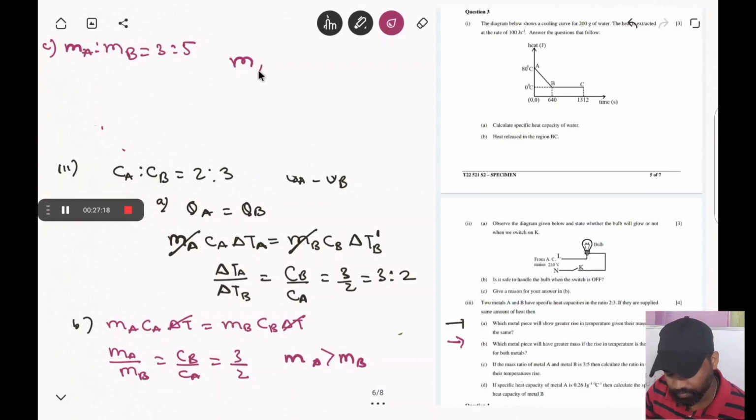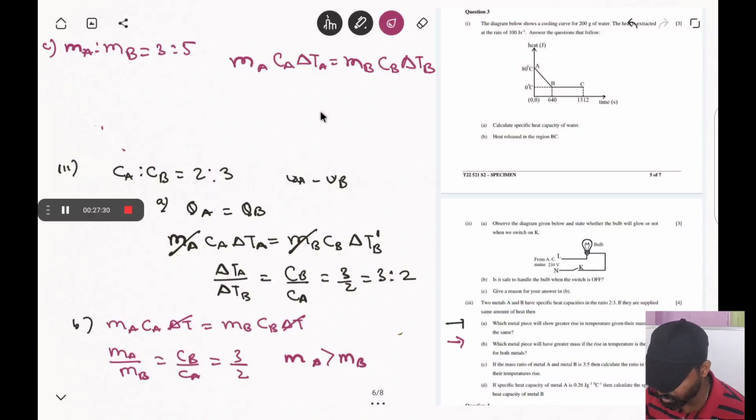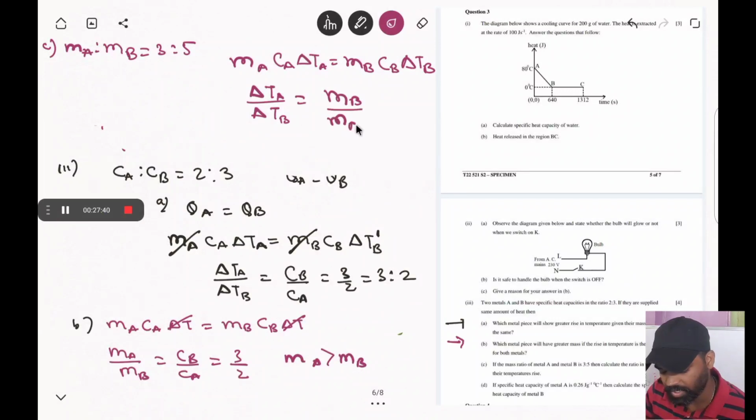Look over here again. It is same. So MaCa del Ta is equal to MbCb del Tb. They've asked for the ratio in which the temperature rises. So look carefully. Del Ta by del Tb is equal to Mb by Ma into Cb by Ca.